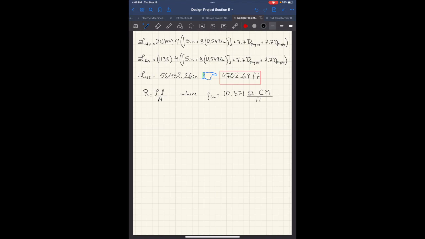So let's do our low side first. The rho is 10.371, it's a constant.